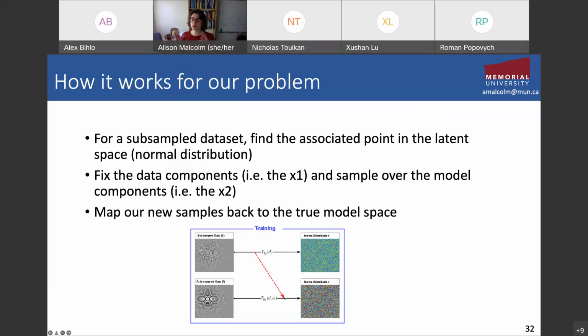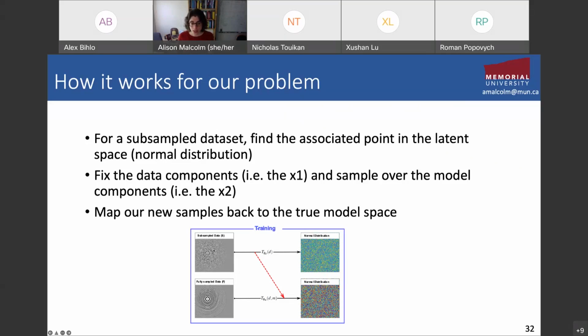Then we come with a new sample. With our new sample, what we do is we go from our subsample data to our normal distribution over here, okay? And this is a joint distribution because it depends on both our subsample data and our fully sampled data, okay? So if you like, this is our model, this is our data, because it depends on both of these. This is a joint distribution. And what we do then is we fix the data.